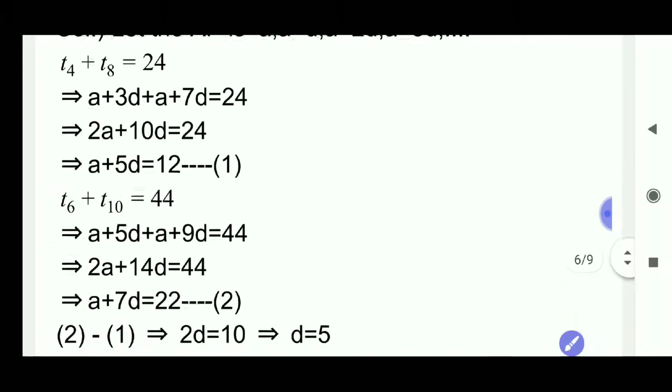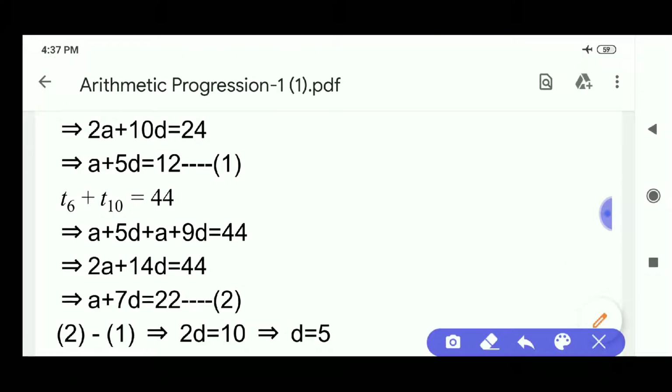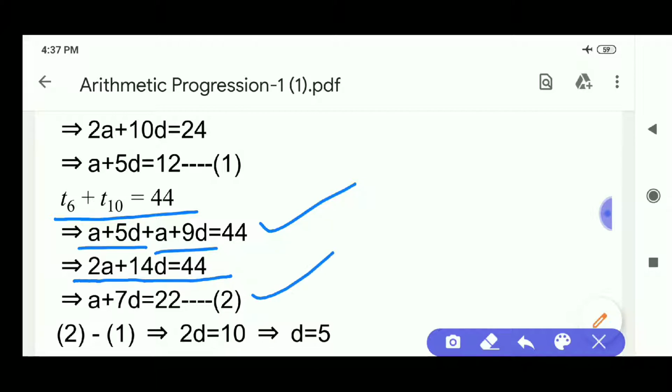That means 6th term plus 10th term is 44. The 6th term is A plus 5D. The 10th term is A plus 9D, equal to 44. That is 2A plus 14D is 44. Again divide each term by 2. The second equation becomes A plus 7D is equal to 22.